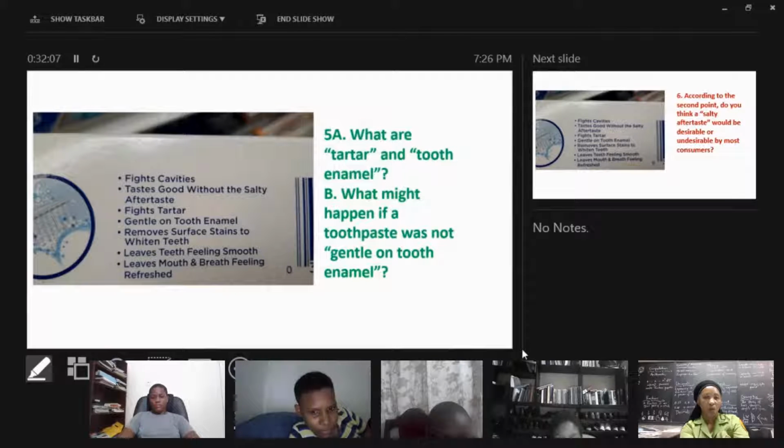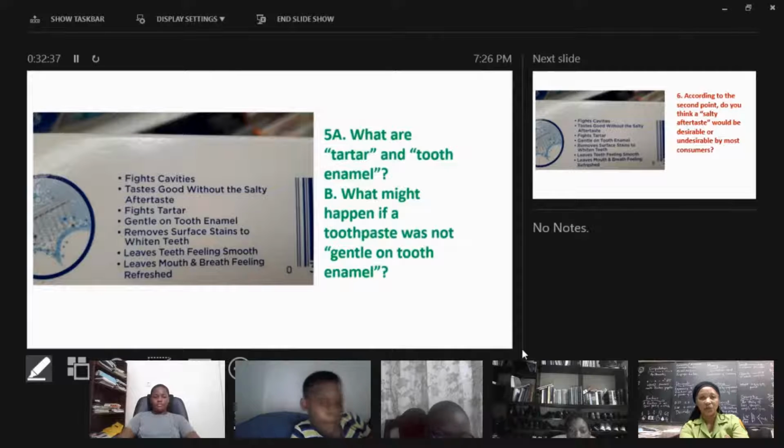Why is it a good thing that this toothpaste is gentle on tooth enamel? Miss, if the toothpaste wasn't gentle on the enamel, would it decay? Eventually, but what would happen first? Would it start hurting? It will start hurting? That's right.